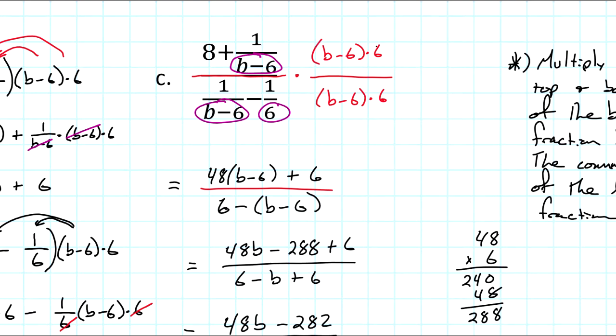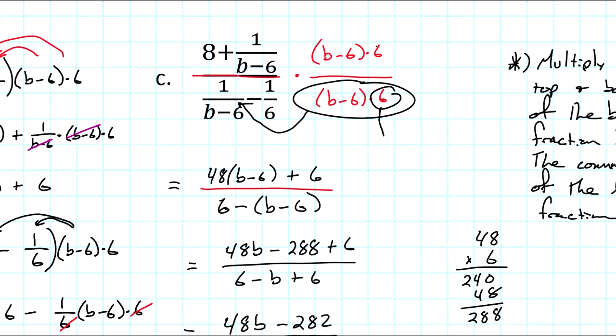In the denominator, we're taking, again, the b minus 6 times 6, and we're going to distribute it to that first term. And here the b minus 6's cancel and leave us with just the 6.